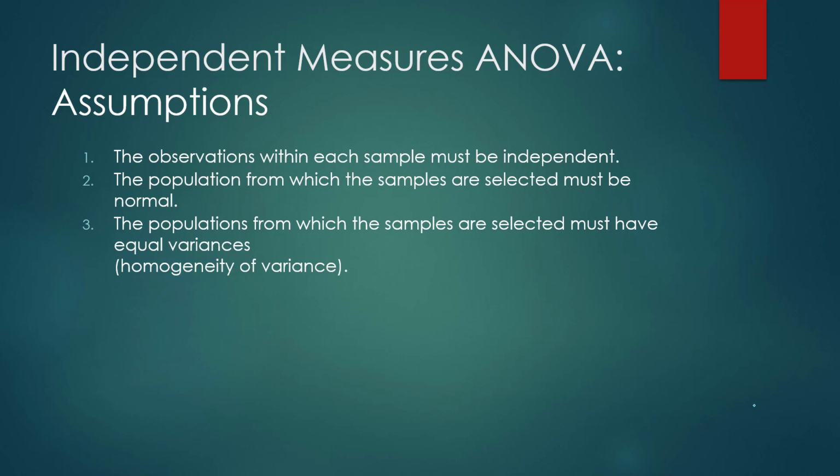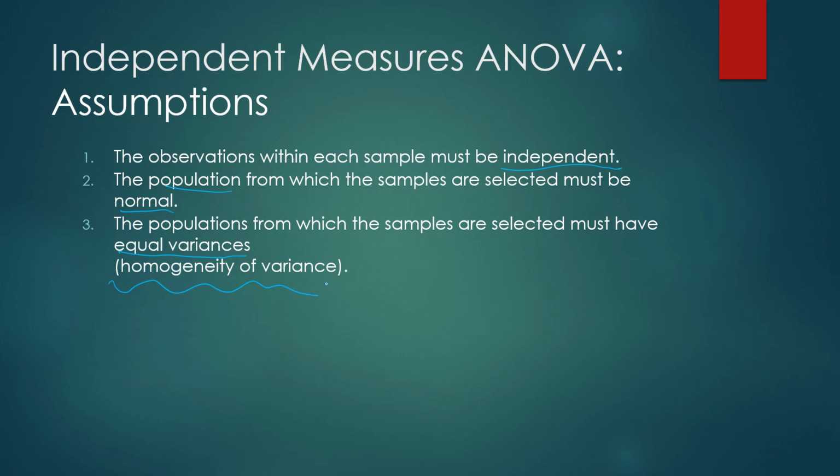When we're doing an ANOVA, we're also making some assumptions. Again, for this independent measures ANOVA, we're making the assumptions that the observations in each sample must be independent. The population from which samples are selected must be normal. The populations from which the samples are selected must have equal variances, and this is our idea of homogeneity of variance.